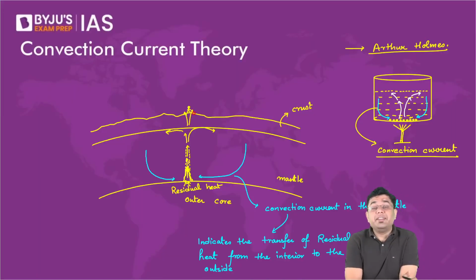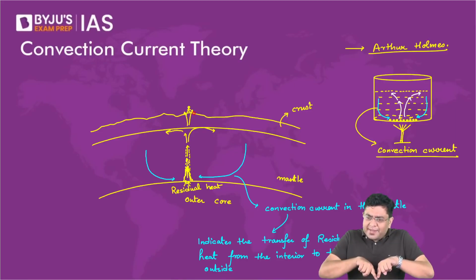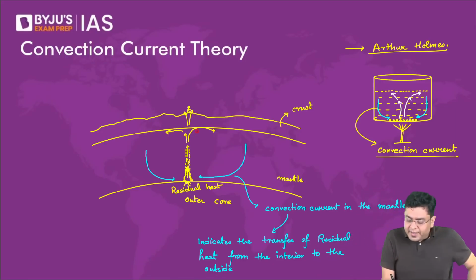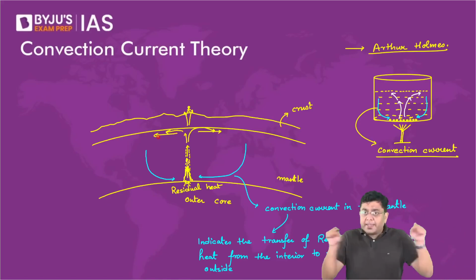And what do you have in that case? If the molten materials break through the surface, you have volcanic eruptions. And then, as this heat diverges, here the heat diverges. This is the movement of the heat.